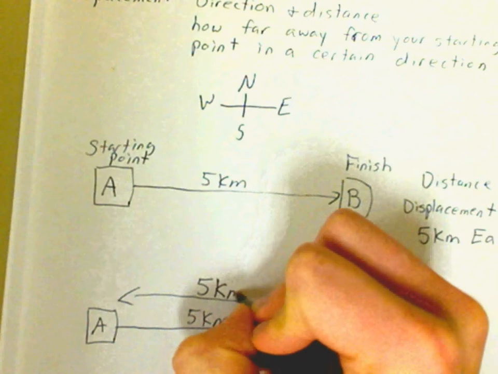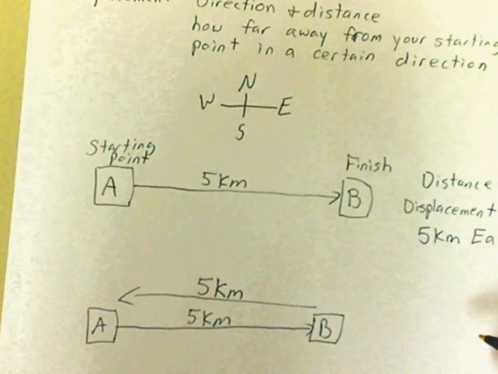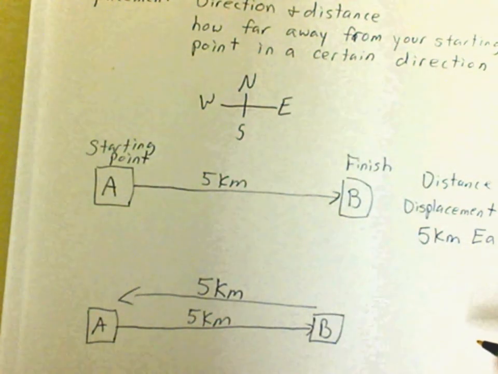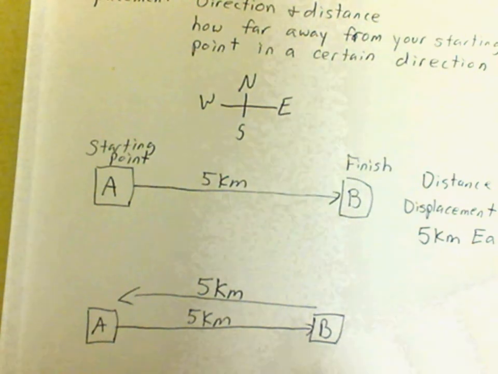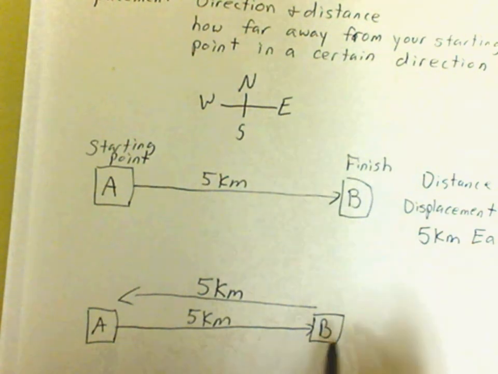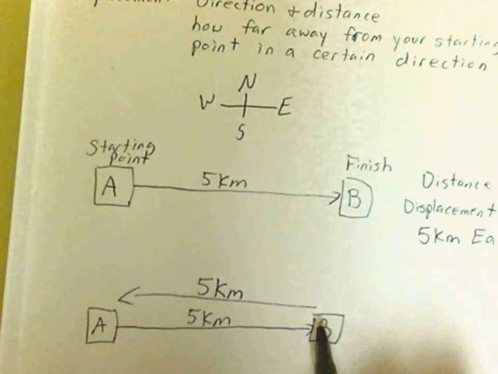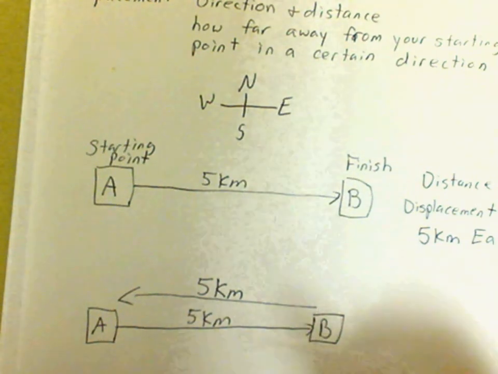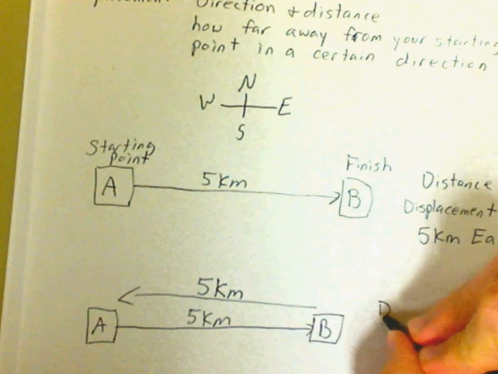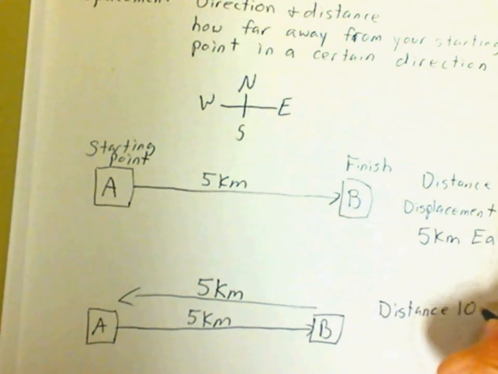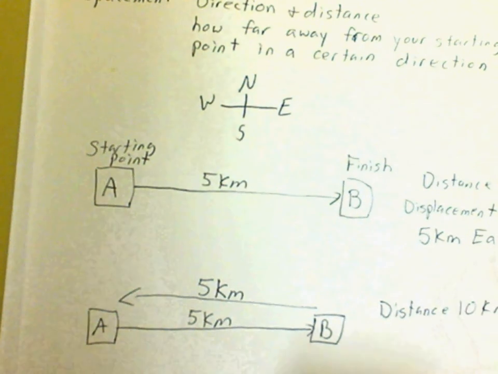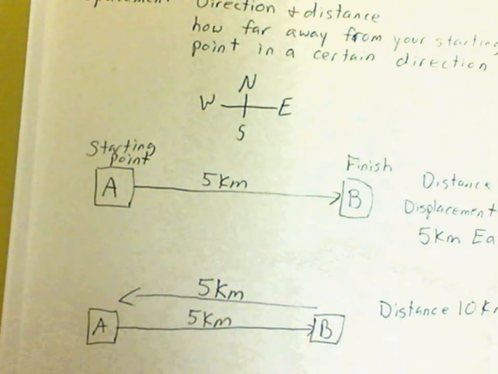You're still going 5 kilometers, but now let's look at our total distance. We have 5 kilometers going from A to B, and then another 5 kilometers going from B to A. So our distance is going to be 10 kilometers because of the round trip situation.